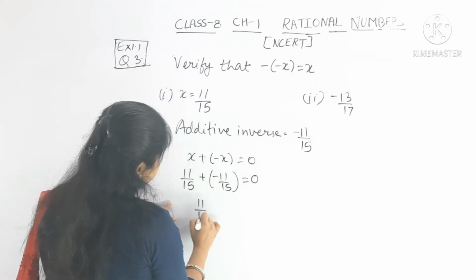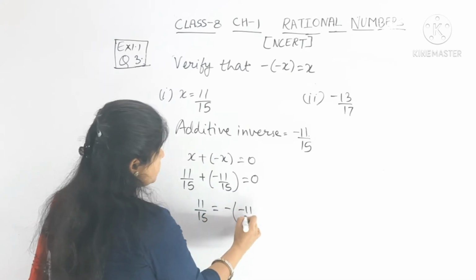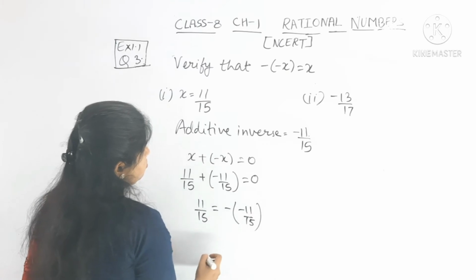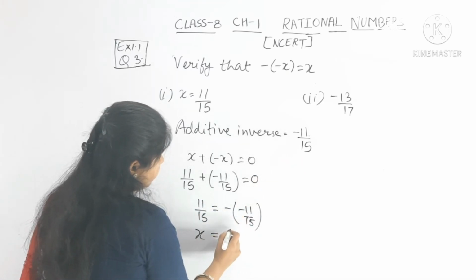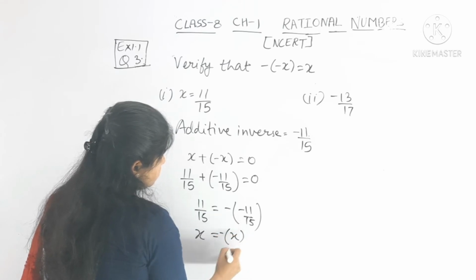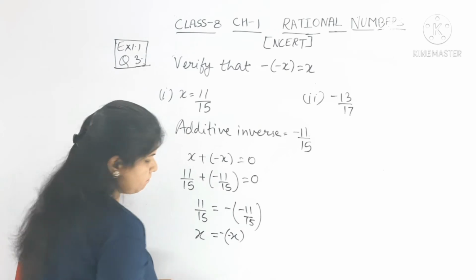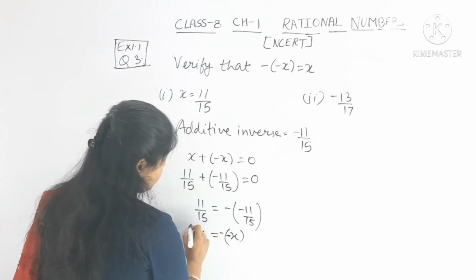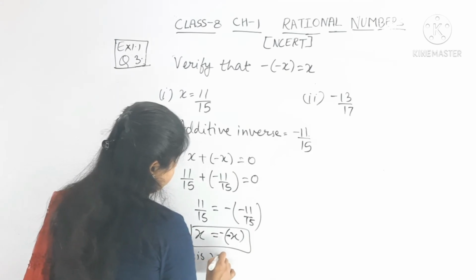So here I am getting minus of minus 11 by 15 equals 11 by 15. So you can write like this, x equals minus of minus x. Okay. So this is verified.